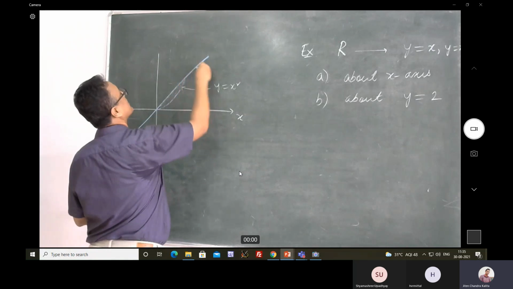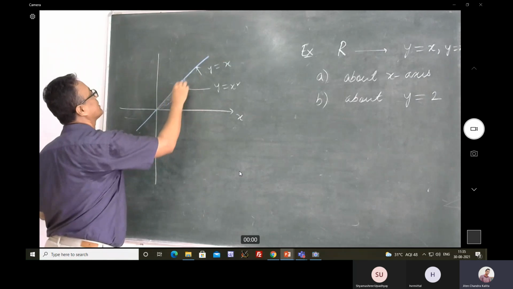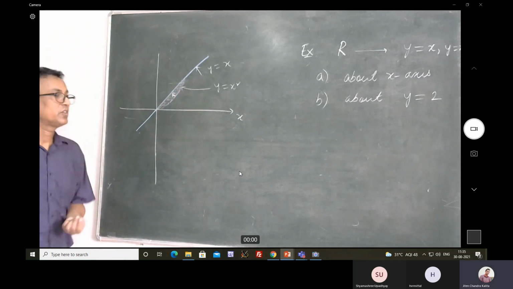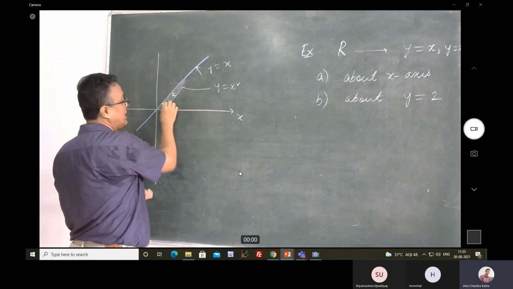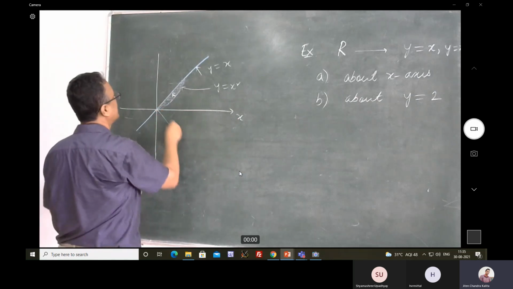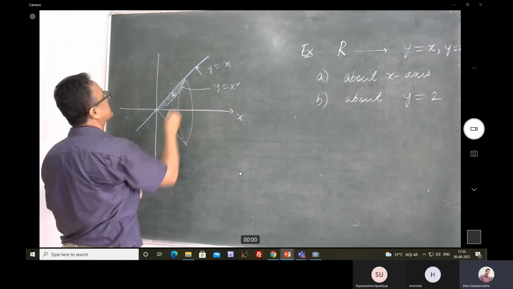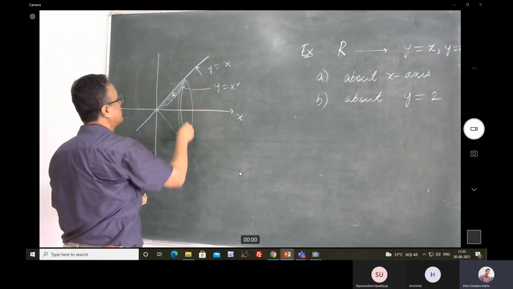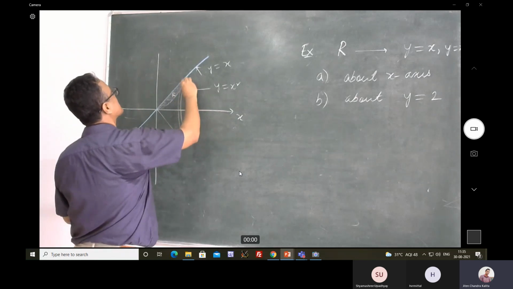So basically this is my region R. This is the shaded portion. Fine. So now you have to rotate this region about the x-axis. Then what is it going to generate? It is going to generate a surface, as well as a solid, like this. But this is going to be something like this, isn't it?